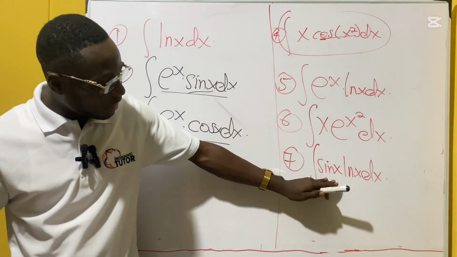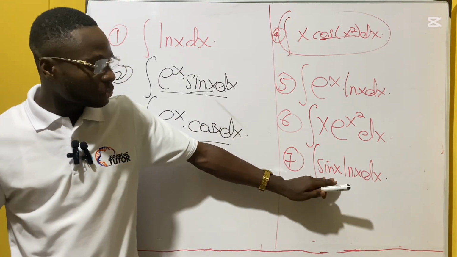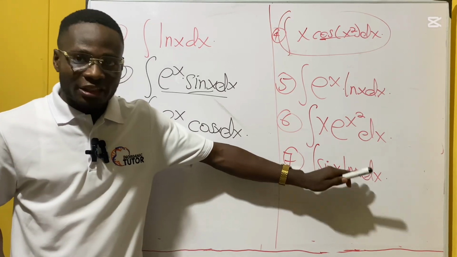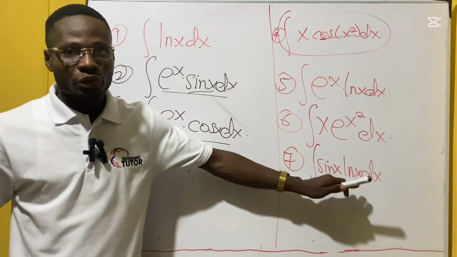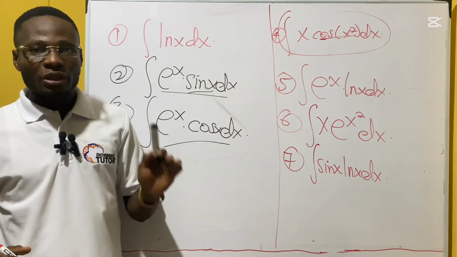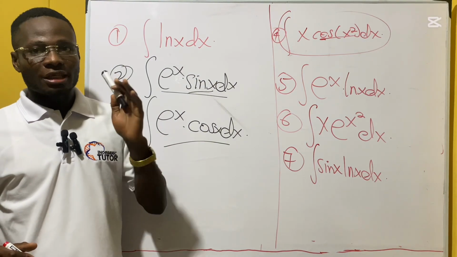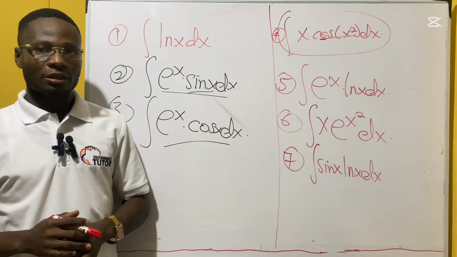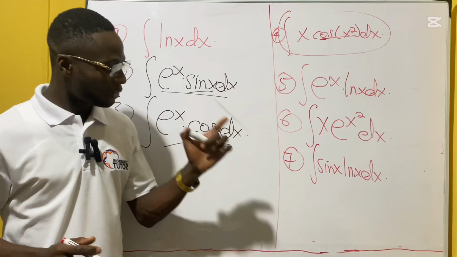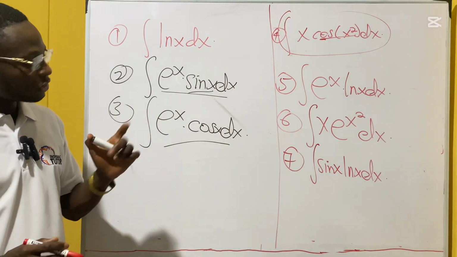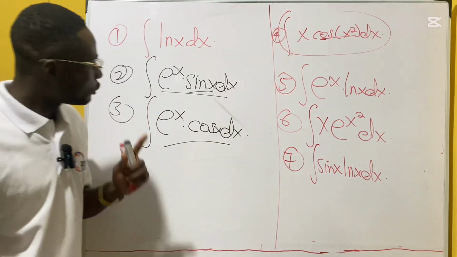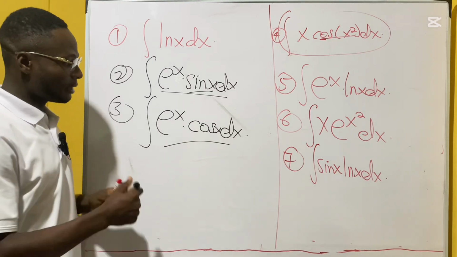Because you cannot choose sine x as your u, you're definitely going to choose ln x as your u, and you cannot differentiate ln x to a constant. That is it. We have two more to go. Let me handle it here.